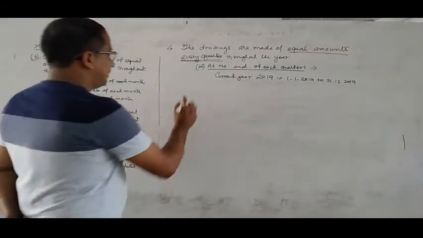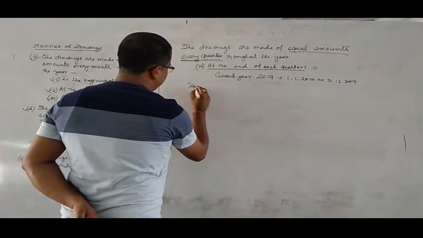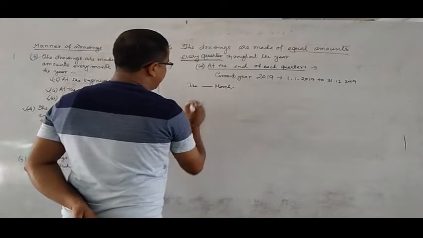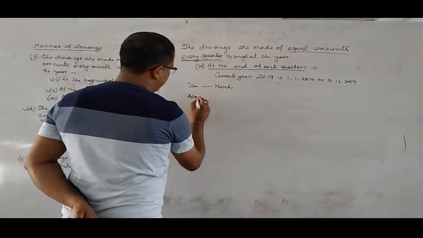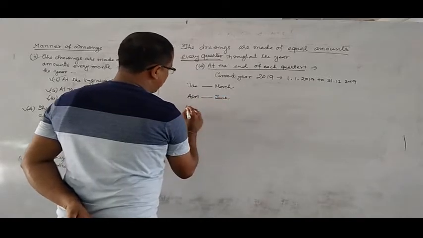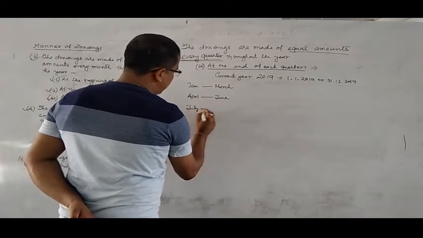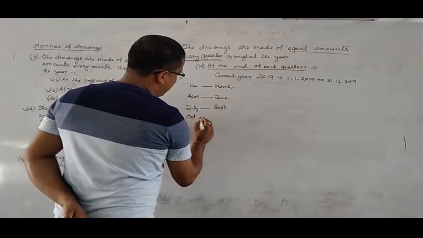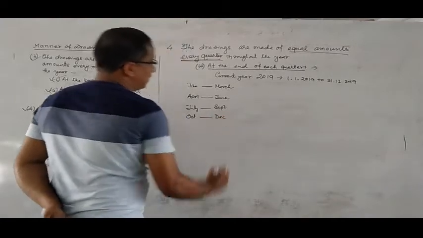Okay, our first quarter is from January to March, second quarter April to June, third quarter July to September, and last quarter October to December.